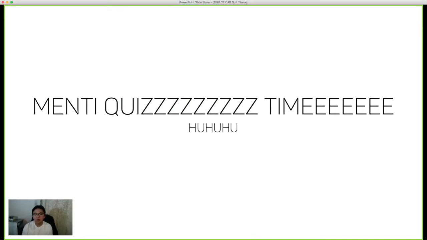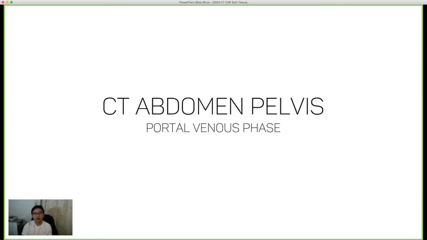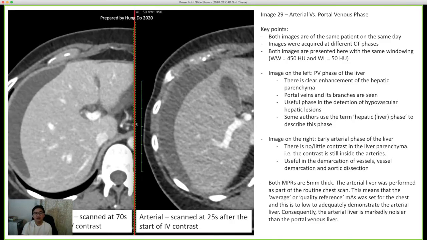Okay, so now we're going to go through the cross-sectional anatomy of the abdomen and pelvis region. But before we do that, I just wanted to emphasize the difference between an arterial and a portal venous phase. Both of these images are presented the same way, same window level, same window width, etc. Except the image on the left-hand side was scanned at 70 seconds after the start of IV contrast, and the arterial scan was scanned 25 seconds after the start of the IV contrast.